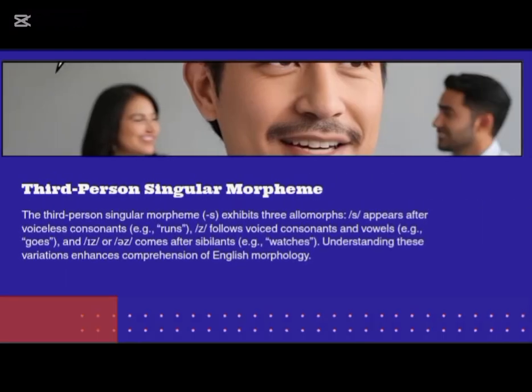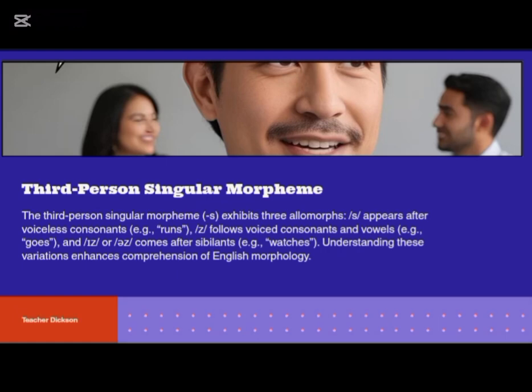Let's also delve into the Z3, which is the third person singular morpheme. This one occurs in verbs when we have the s morpheme at the end of verbs, mostly to indicate not only singularity but also third person. Therefore, just like the other ones, the third person singular morpheme s exhibits three allomorphs.